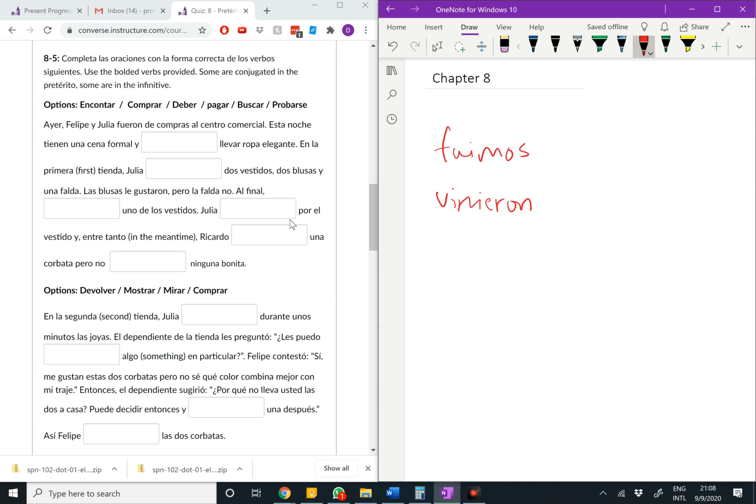8-5. Another question, exact same thing. Ayer Felipe y Julia fueron de compras al centro comercial. Esta noche tienen una cena formal, they have a formal dinner, and they blank wear elegant clothing. They want to try elegant clothing? Maybe.